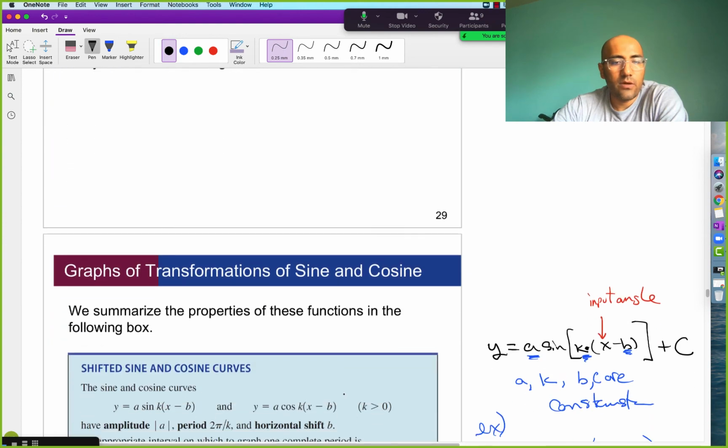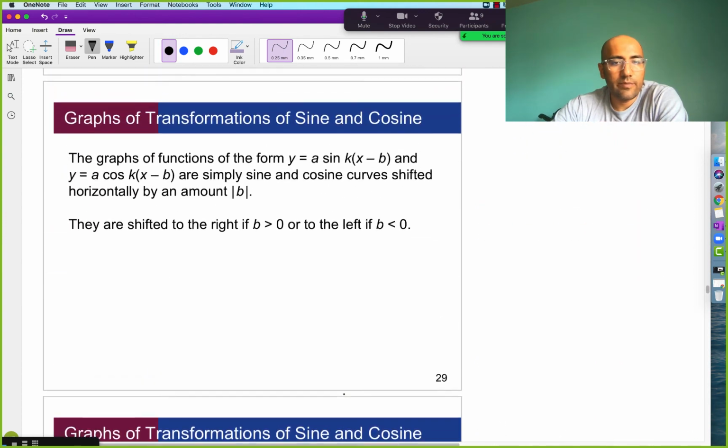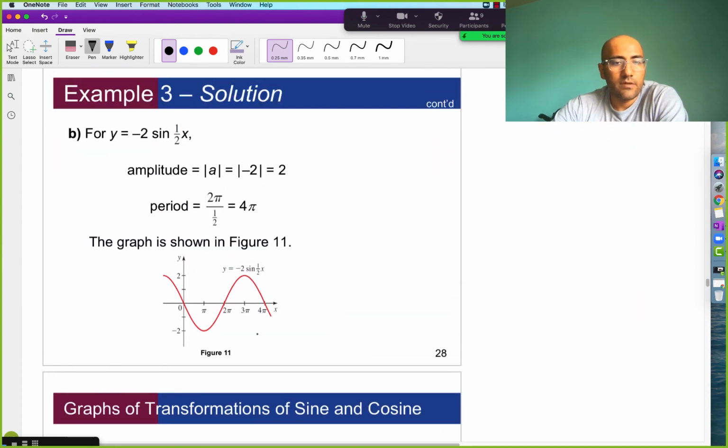And then the other one looks like, oh, they didn't give you a picture of it? Oh, here. The other one is this one. It gets stretched out horizontally by a factor of 2, so it'll complete the period in 4 pi. Start to notice the formula for it. It's 2 pi divided by whatever constant is there, here the half.